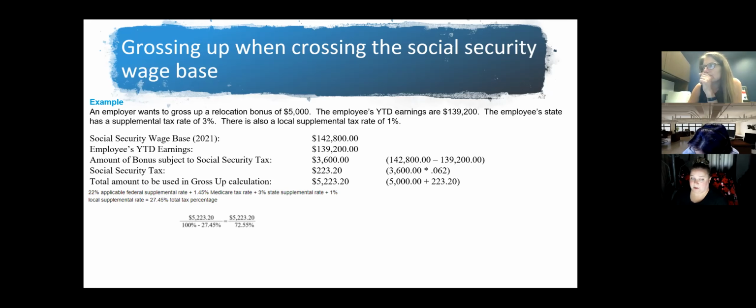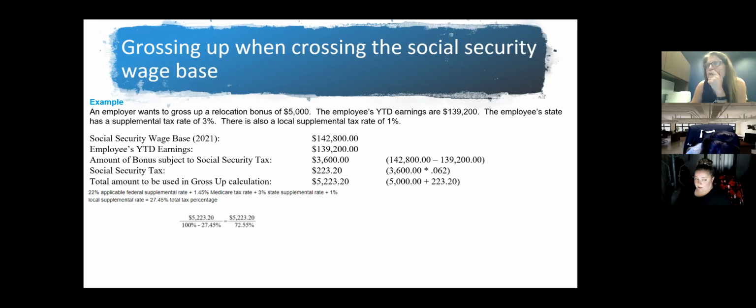Again, keep in mind that instead of using 5,000 as our goal, we're now using $5,223.20 because we had to figure out the Social Security on the portion of the bonus that was required to have Social Security withheld.